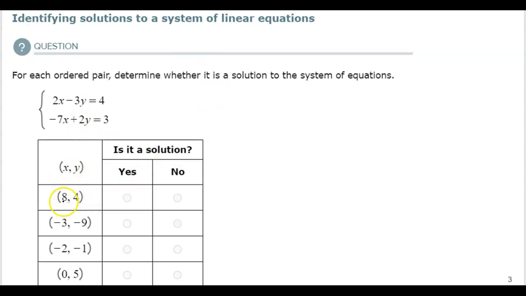So I'm going to put an 8 everywhere I see an x. I'm going to show my work for testing (8, 4). You're going to want to write this with me.